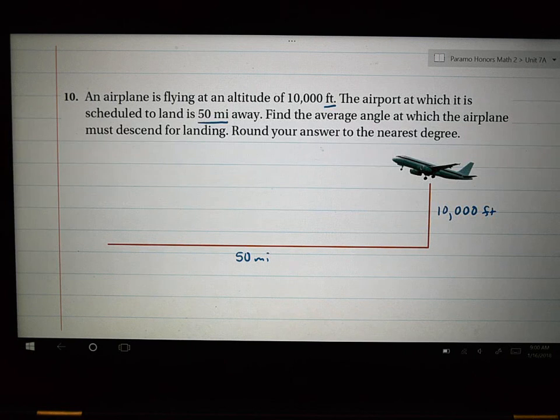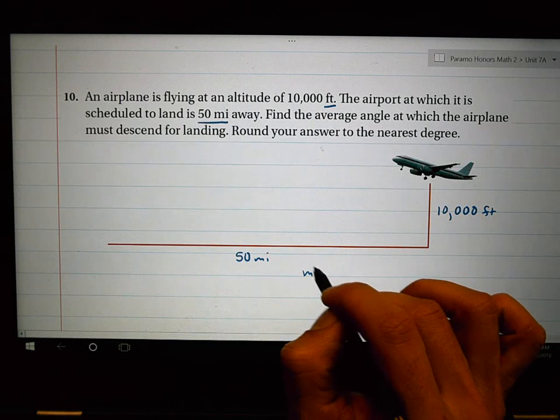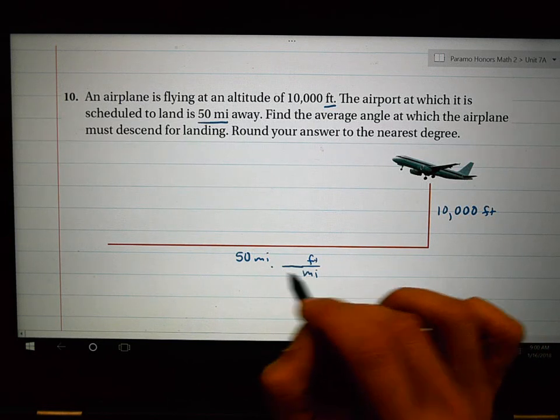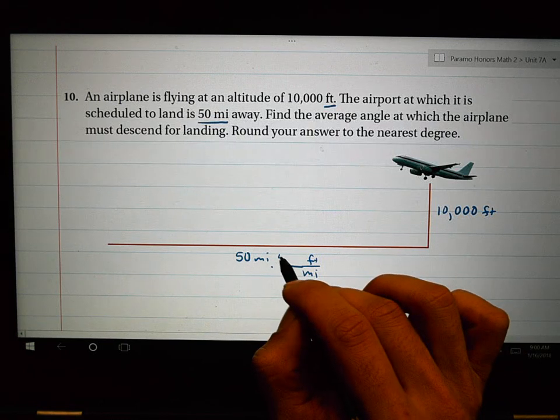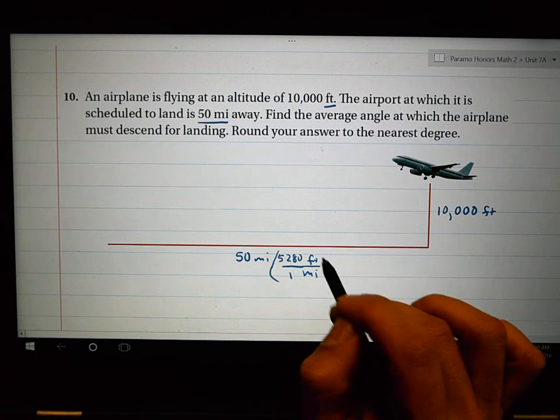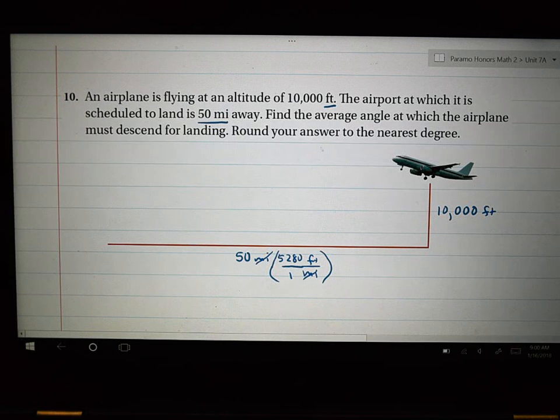But that's not in feet, so I need it to be in feet. So let's see, miles, miles, and then I need feet. If I want to multiply it by something, miles, miles will need to cancel, and how many feet are in a mile? I know how many. There's 5,280 feet per mile, which means if I multiply 50 times 5,280, I'll know exactly how many feet that is.